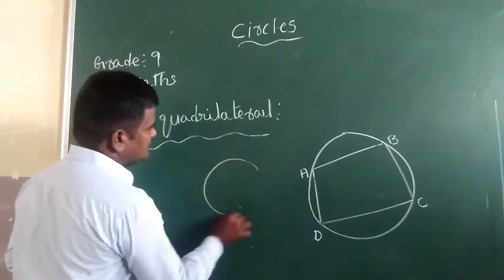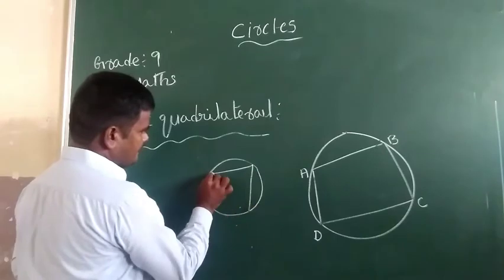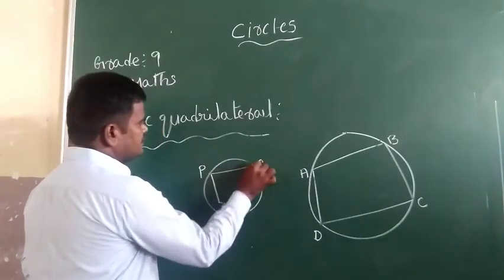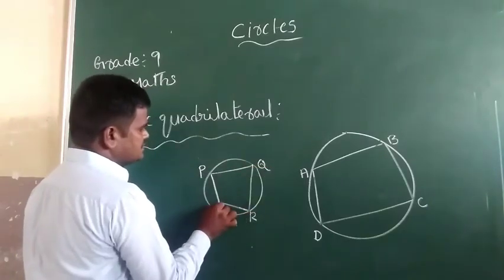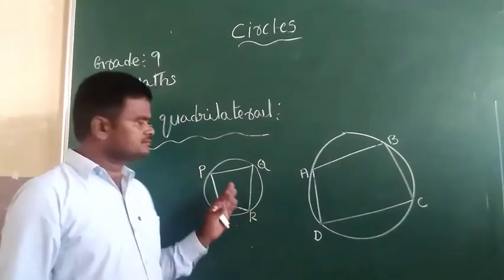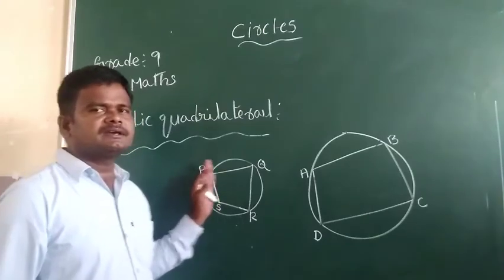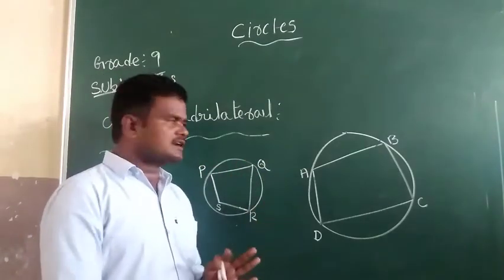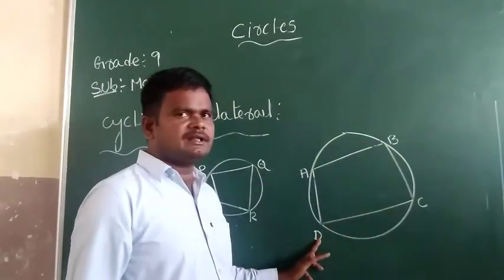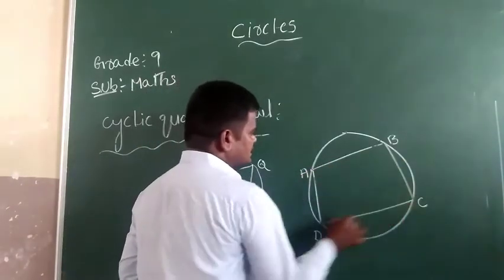Now come to PQRS. So P, Q, R and S. PQRS is a quadrilateral, but it is not a cyclic quadrilateral, because ABCD is a cyclic quadrilateral as all its vertices lie on the circle.